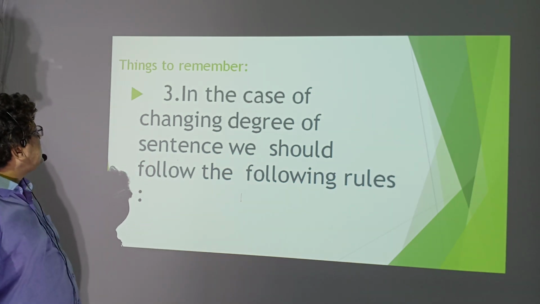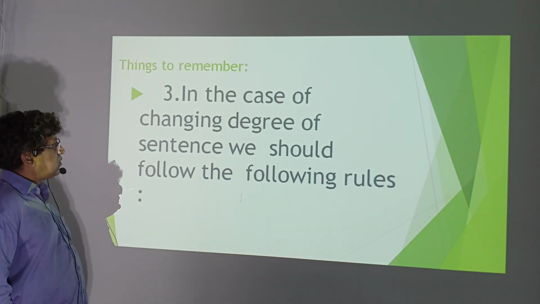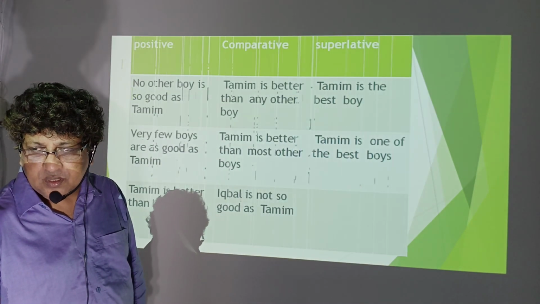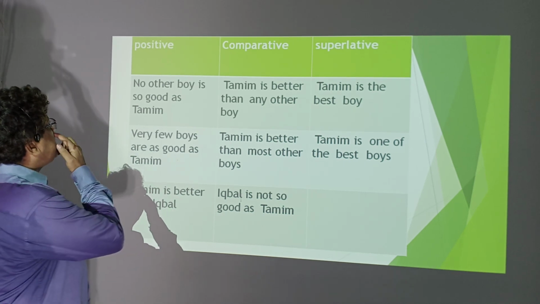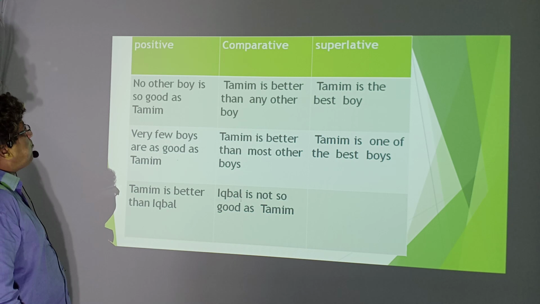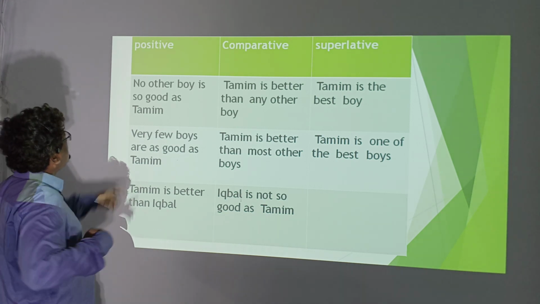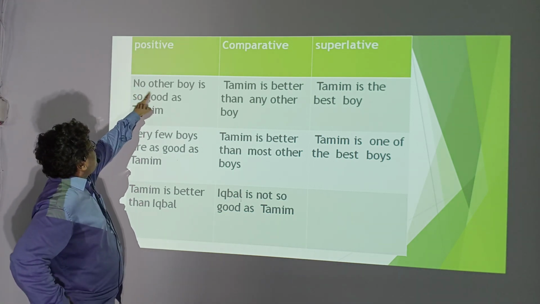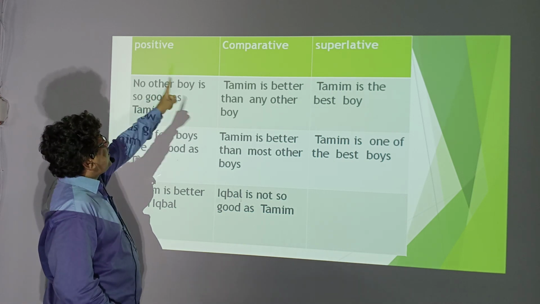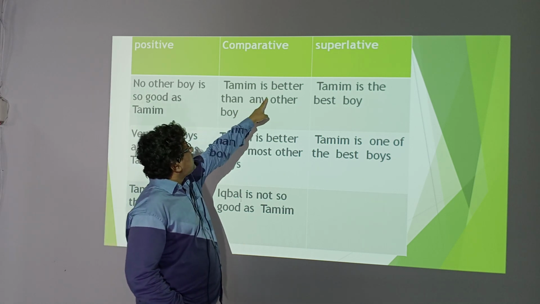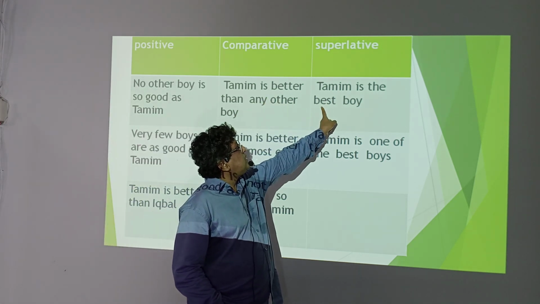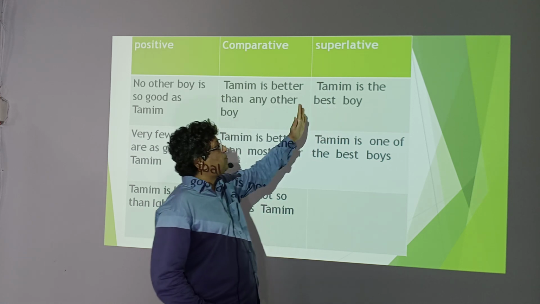Third, in the case of changing degree of a sentence, we should follow these rules. The rules have actually been given through some examples. First, in positive degree, if we find "no other," then in comparative degree we will find "any other," and in superlative degree we will find "the" plus the superlative form.